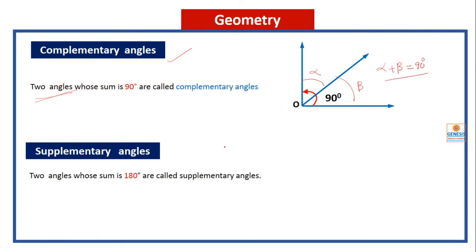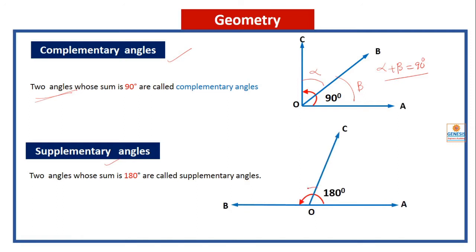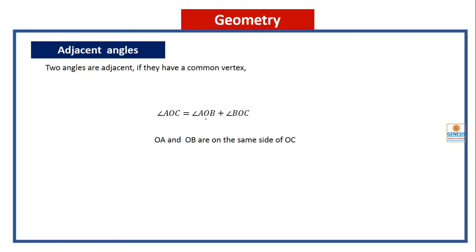Then they are called complementary angles. And supplementary angles are when the sum is 180. You can also consider it like this: this angle is A and this angle is B. So A plus B is equal to 180. Then we call them supplementary angles.